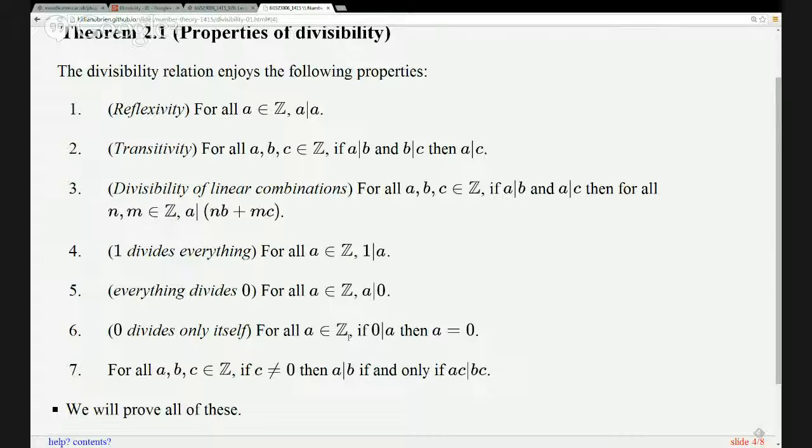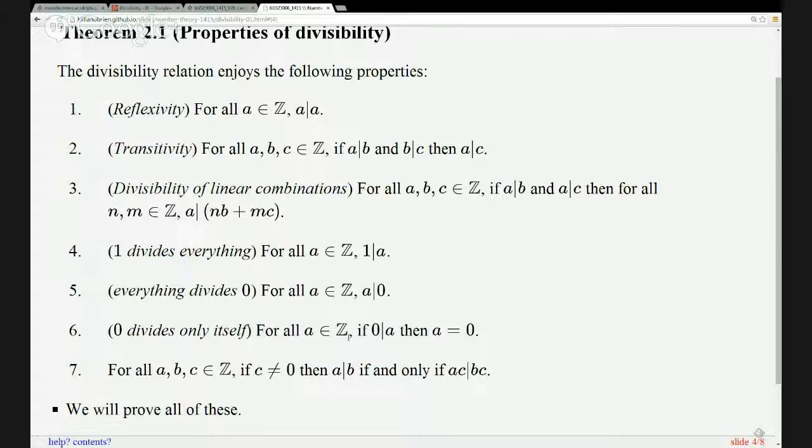6. 0 divides only one thing. But it's phrased in this way for every A. So we let A be in Z, and it's an if-then, so we assume 0 divides A. Well, that implies that A is equal to 0 times Z for some integer Z. But it doesn't matter what Z is.